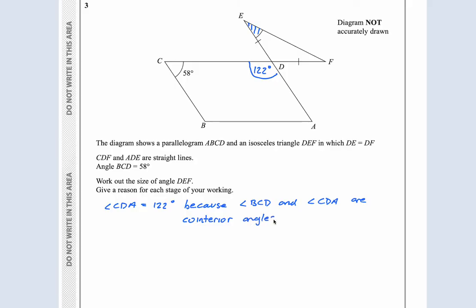So co-interior angles means if they're parallel, and these are parallel, guys, because it's a parallelogram, these two have to add up to 180.